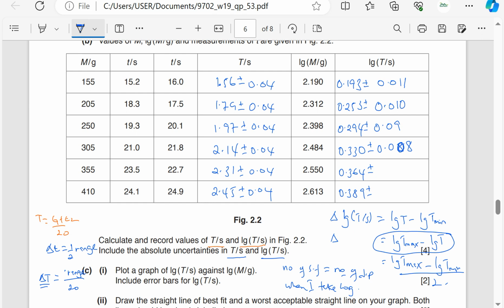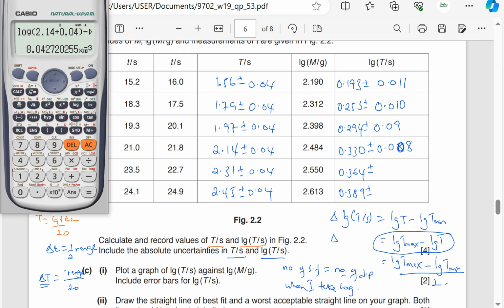I have to check this again. Log of 1.97 plus 0.04 minus log of 1.97.